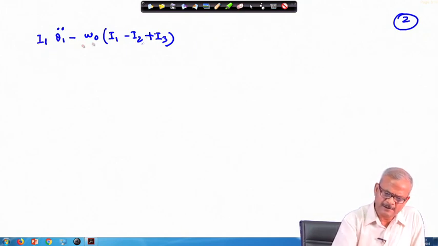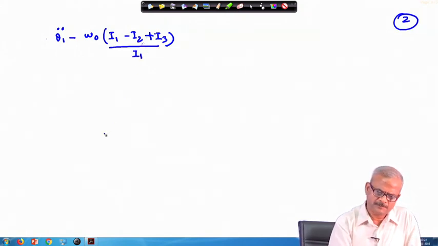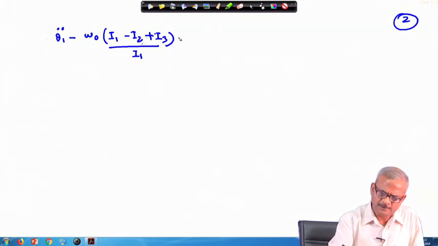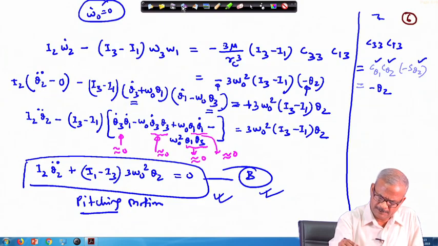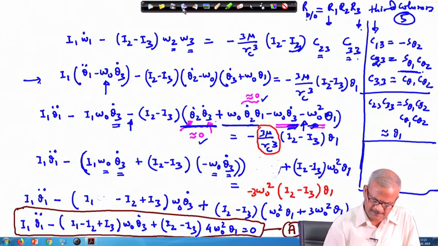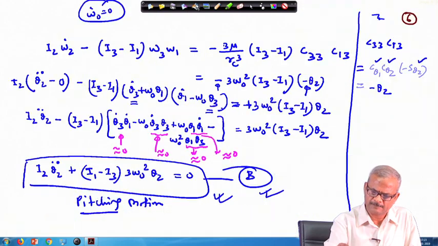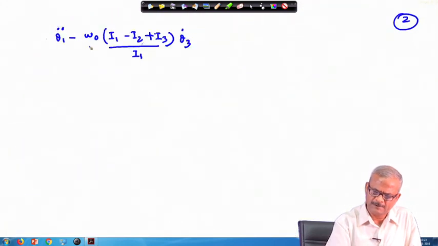So this I 1 I am eliminating from this place, and I will put it here. And then we have the term of course theta 3 dot. So go back and verify that we are writing it correctly: I 1 times theta 1 double dot, I 1 minus I 2 plus I 3, omega 0 times theta 3 dot.